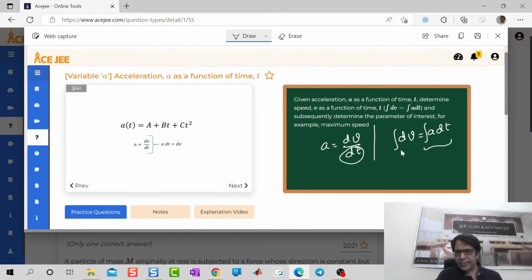If we integrate, let's say the particle starts from rest and attains some velocity v after time t, with time measured from t equals 0 to some time t. If you take acceleration as a plus bt plus ct square, then your integral will give you at plus bt square by 2 plus ct cubed by 3, and this will be your velocity as a function of time t.